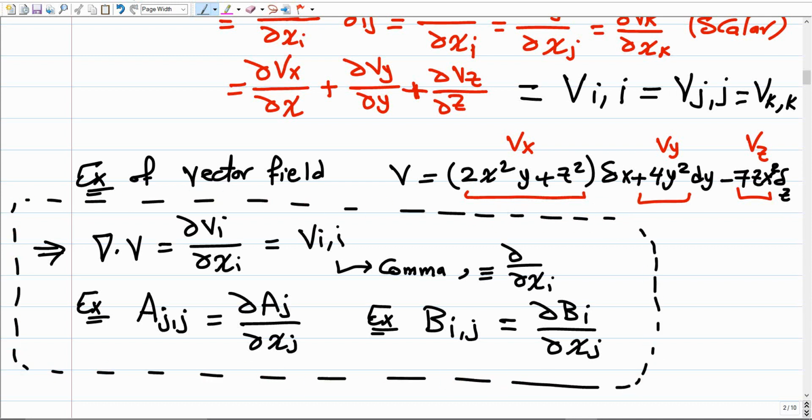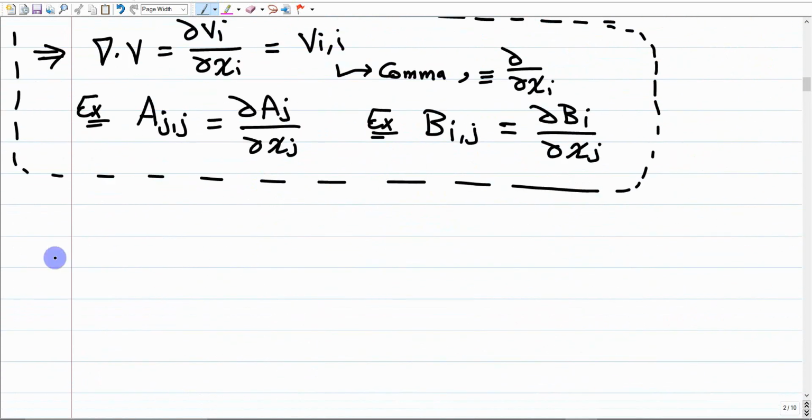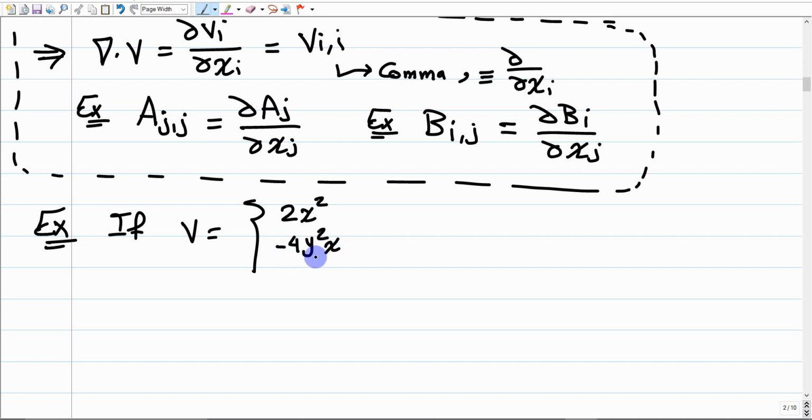So let us consider an example on the divergence. Assume that v is a vector given in this form: 2x squared, negative 4y squared x, and 7zy squared.